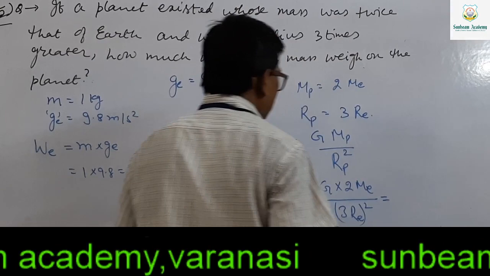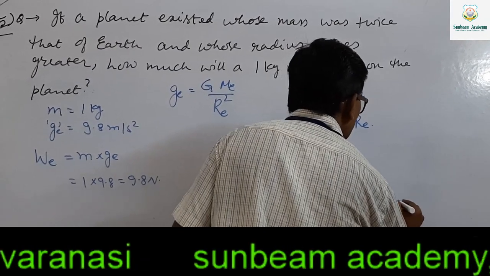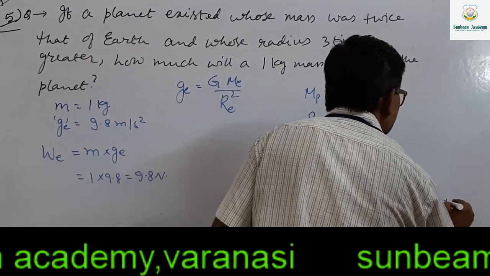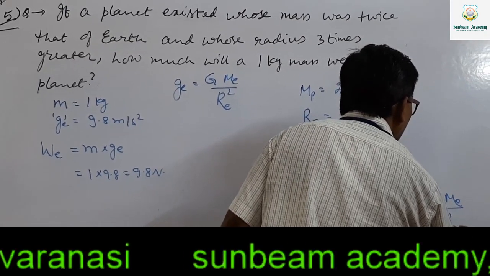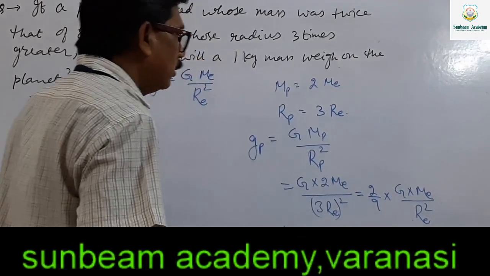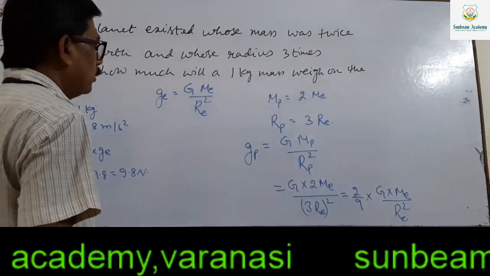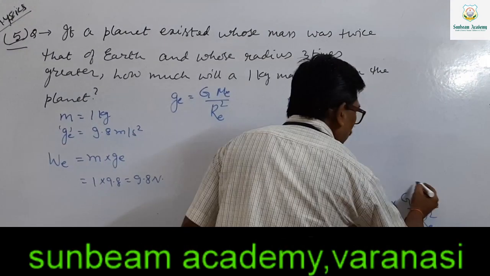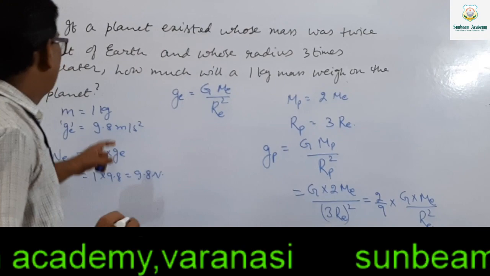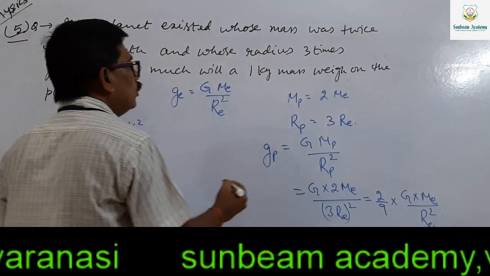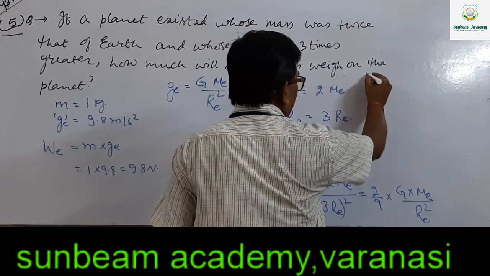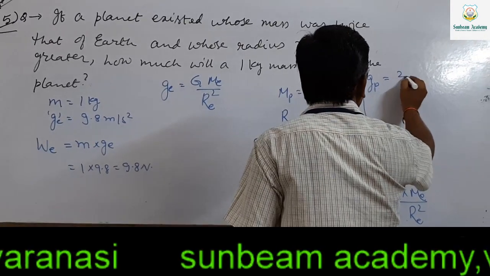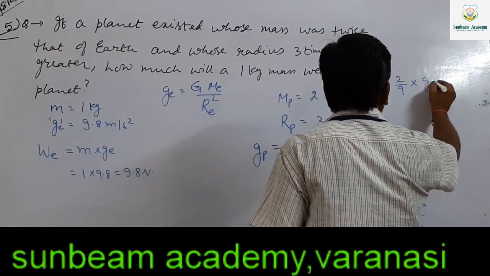That is 2 by 9 into G into ME upon RE square. Means gP will be how much? This is the value of gE. So gP will be equal to 2 by 9 of gE.